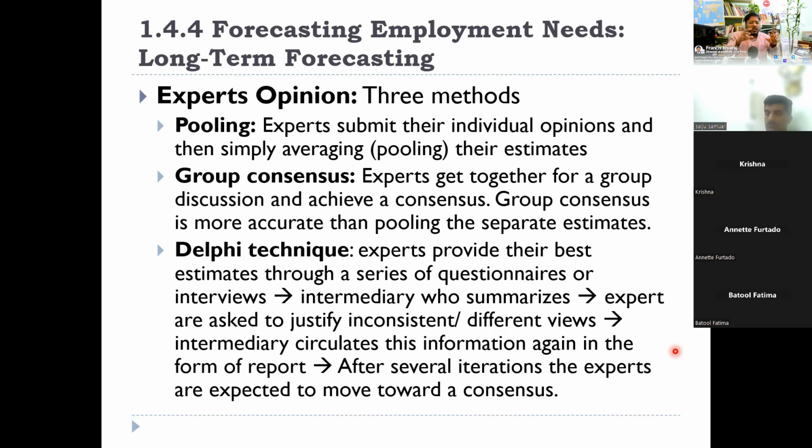One person is giving input which is out of the range. Then you have to go back to that person, without telling the other three what they gave. You talk to them about their point of view, why they are going out of this range, and get their justification. Go back and forth, try to convince, and bring a consensus for the future talent needs.